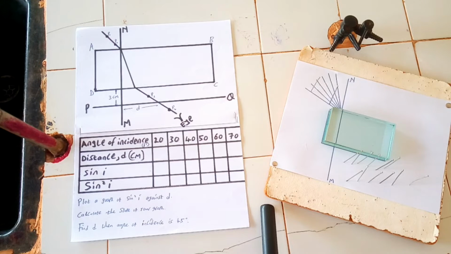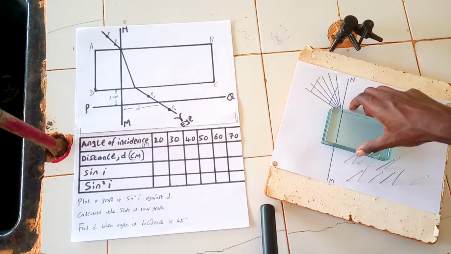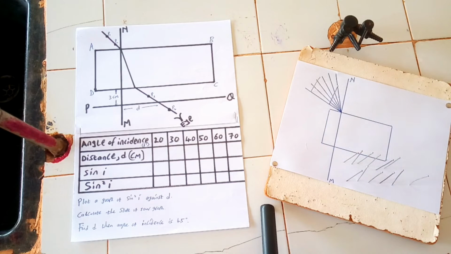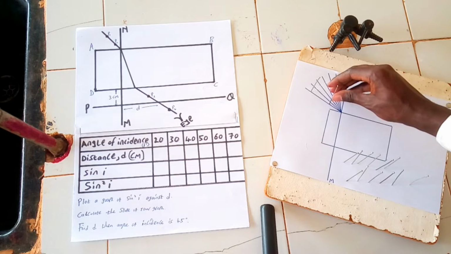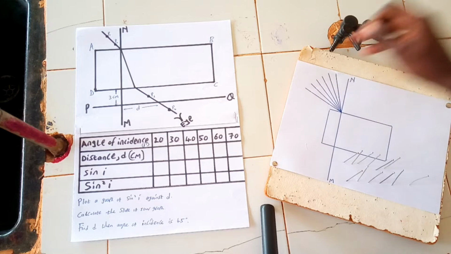Viewers, now I've measured all the angles. So I want now to complete these lines so that we can proceed with the rest of the graph. So I can first remove the glass block and these two pins.